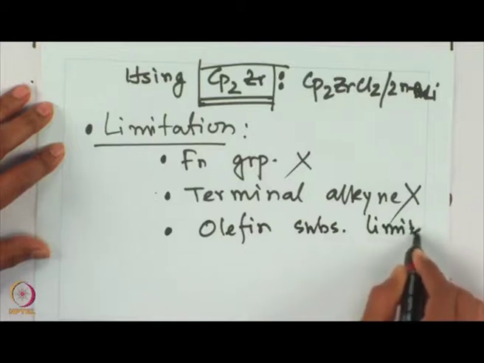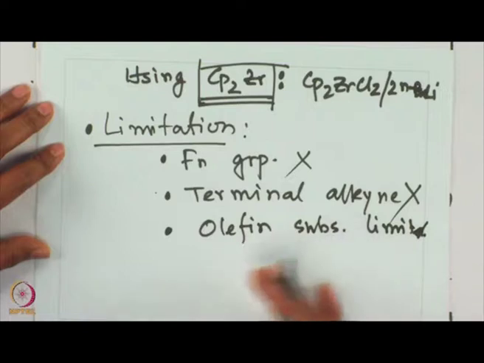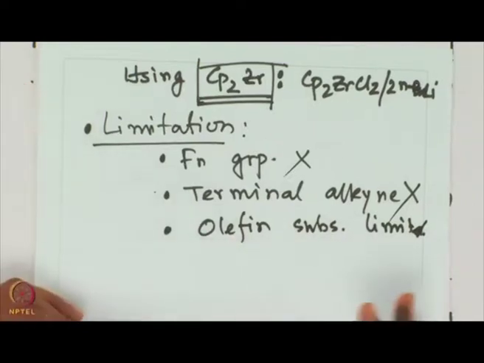That is also another problem, but the good things are it is an experimentally simple procedure and works to provide 5,5 or 6,5 enone systems. So, there are good things, but there are limitations of the method as well.